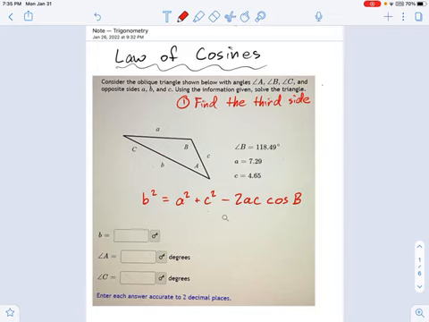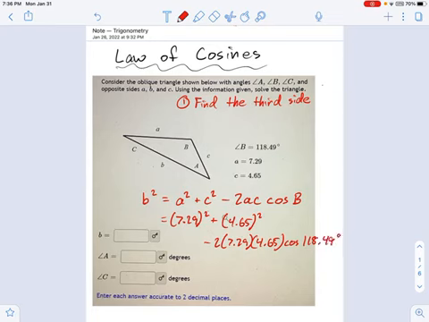I'm taking those values I know, like 7.29 for A and 4.65 for C, and 2 times 7.29 times 4.65 times cosine of 118.49 degrees.